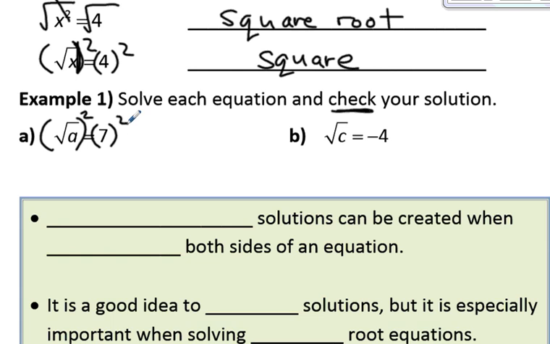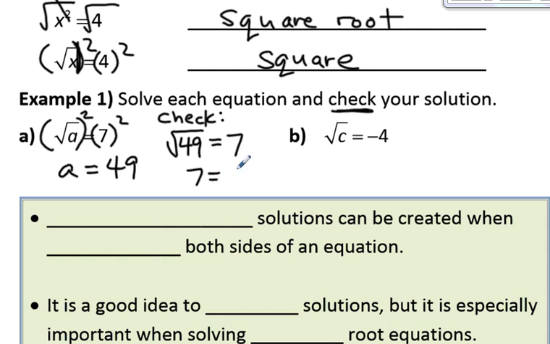The square root of a squared is just a, and 7 squared is 49. I know this one seems pretty arbitrary to check, but I want you to check. If a is 49, the square root of 49 is 7, so that checks.